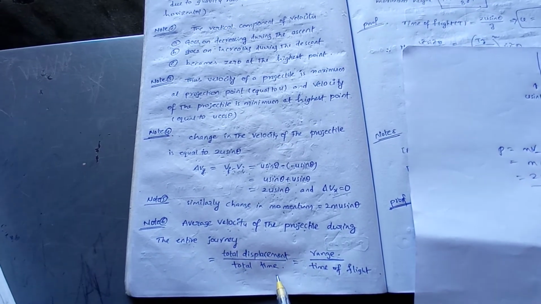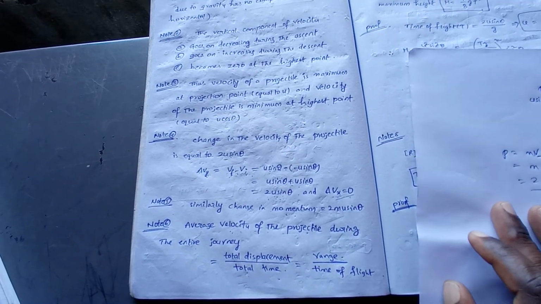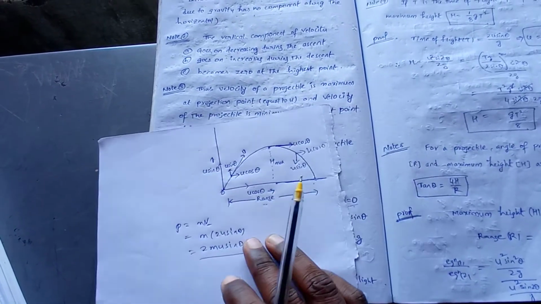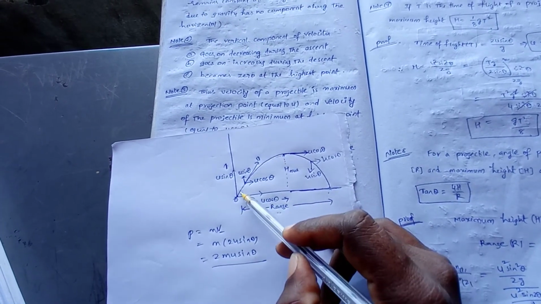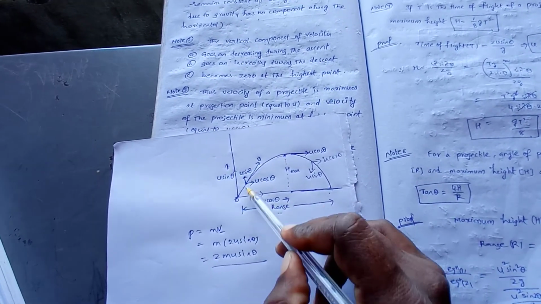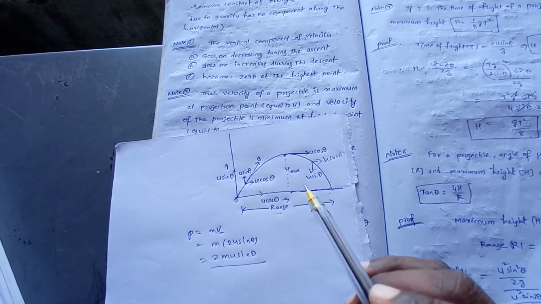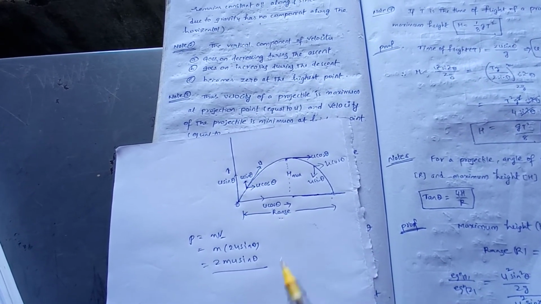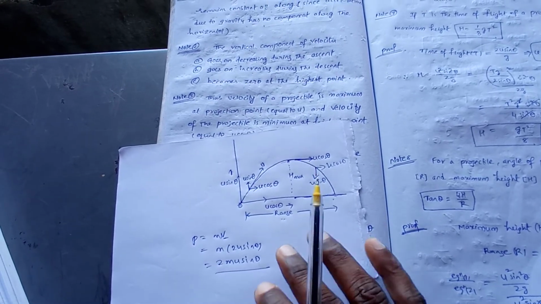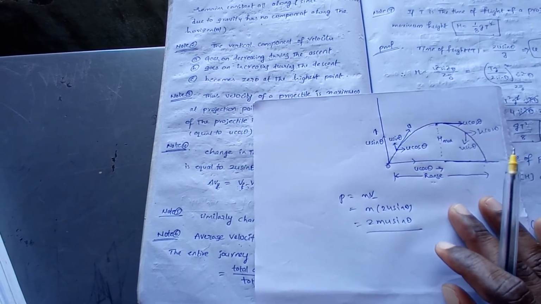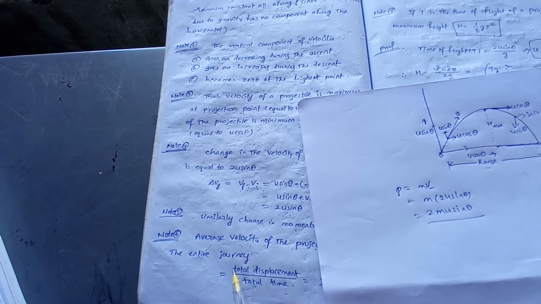So in this situation, the displacement is equal to the range of the projectile. That's why I have written total displacement is range. So what is total time? Total time means the total travelling time of the projectile, the time taken by the projectile to travel the total distance. That is time of flight, and that is also called total time.